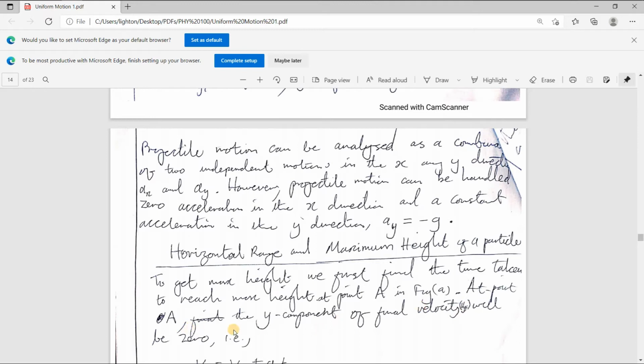So I'll repeat, at final point A, which is just the maximum height, the y component of final velocity will be 0, because the particle will become momentarily at rest when you consider the y component.